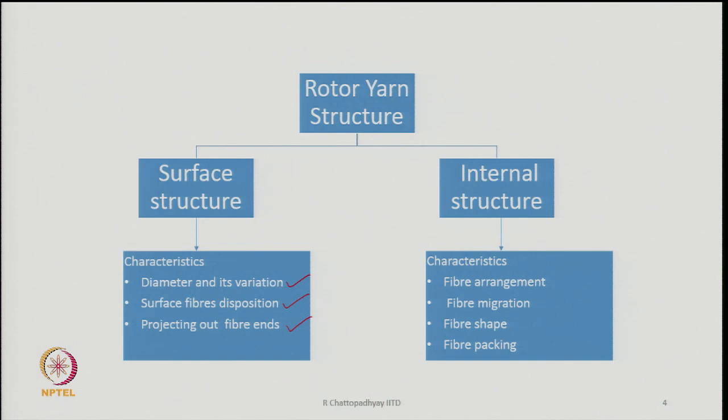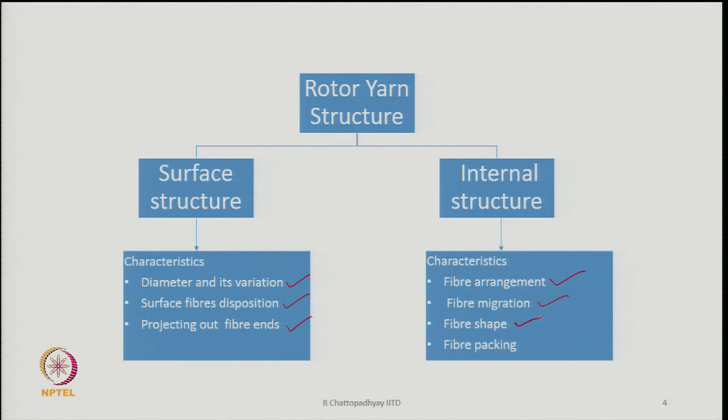The internal structures are related to the arrangement of fibers, the migration characteristics of the fibers. The fibers keep on migrating from one radial position to another radial position within the yarn. We call it migration.